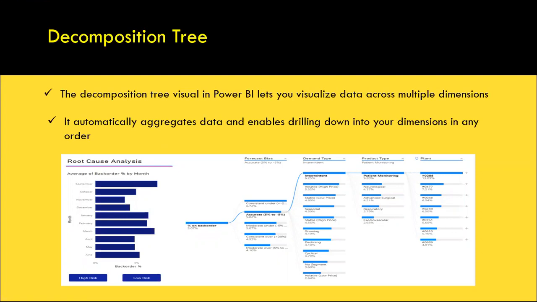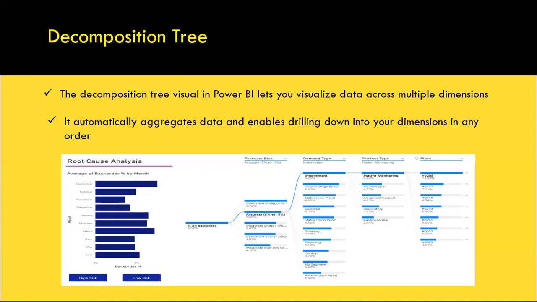So in this case, it is an artificial intelligence visualization. I can ask it to find the next dimension to drill down into based on certain criteria. This tool is valuable for ad hoc exploration and conducting root cause analysis.